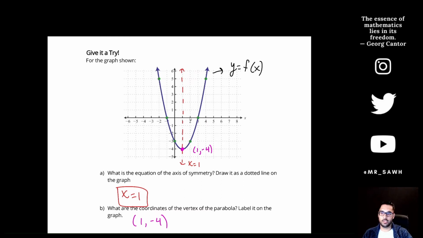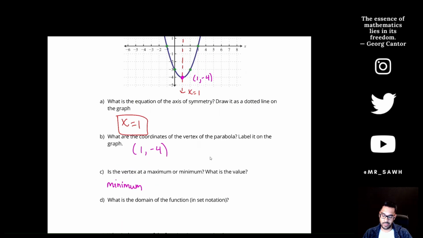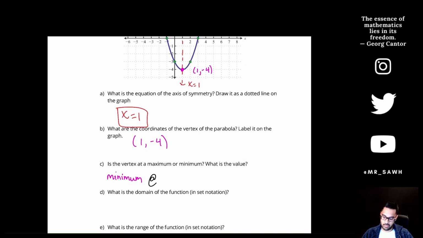I don't know the equation of it. It is a function, so I know that if I input x to this, I get out a y value. So if I input the value of x as being 1, the value I get out of it is negative 4. So this minimum exists at a value of minus 4. Okay, that is the value of your y, that is the value of your minimum.